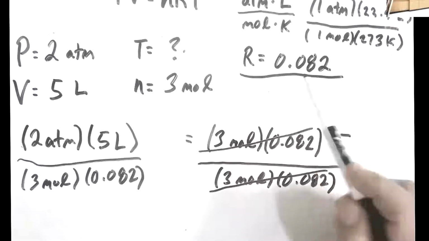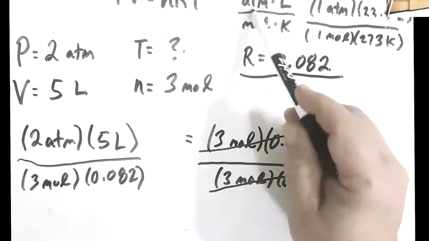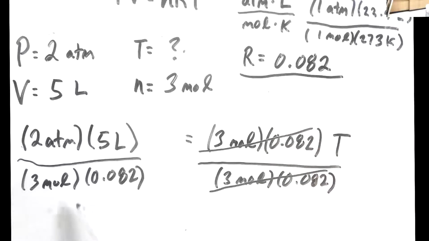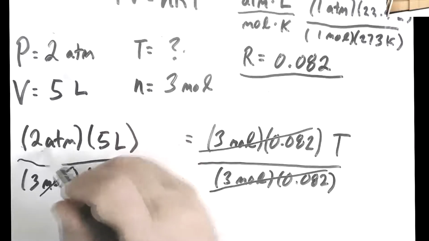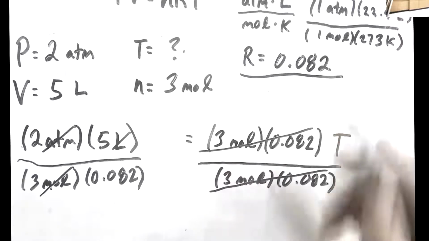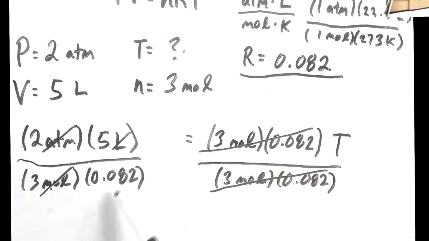Now, remember, R contains units of atmosphere, liters on the top, and moles, Kelvin on the bottom. So I've got the ability to cancel out my moles, my atmosphere, and my liters because they're built into R, which is right here.